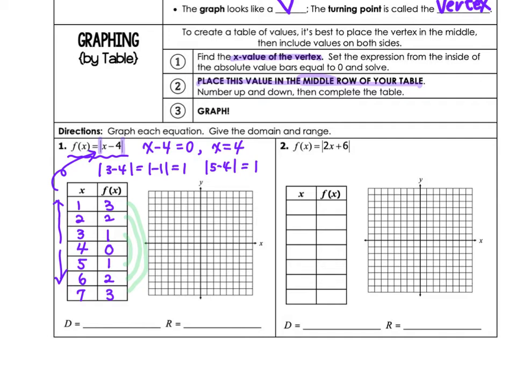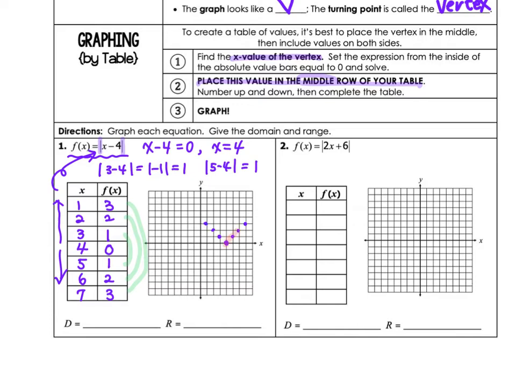All right, so now you're just plotting those points. Let's find the vertex first. The vertex is when x is 4, y is 0; x is 5, it's 1; 6 is 2; 7 is 3; and you do 4, 1, 3, 1, 2, 2, 3, 3.